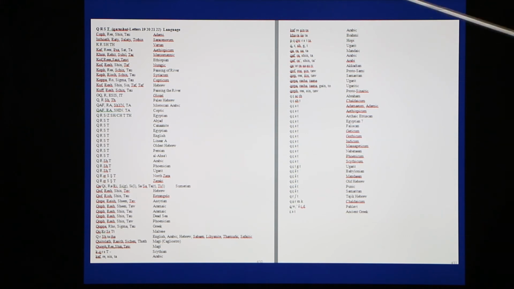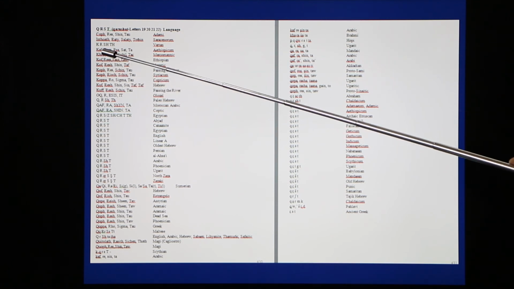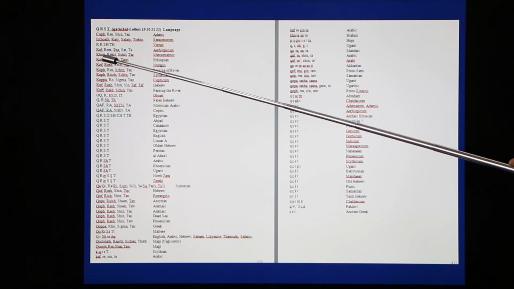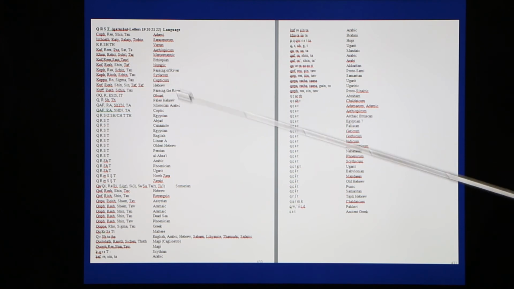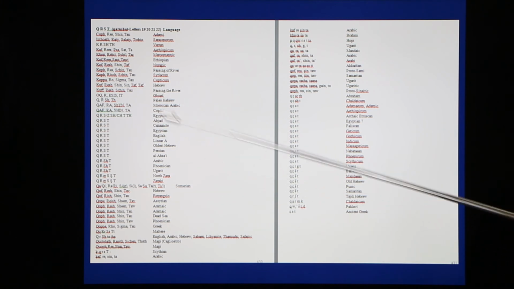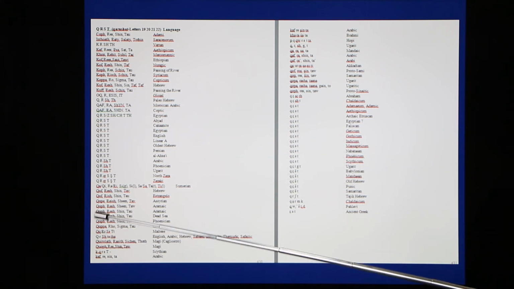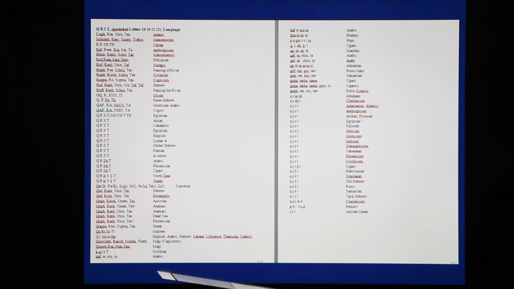QRST, like KLMN, has a tremendous number of alphabets, a tremendous number of variants, from kaf, spelled K-A-F, to kof, spelled K-O-P-H, to kuf, to kof with a Q, or kopa, and so on.